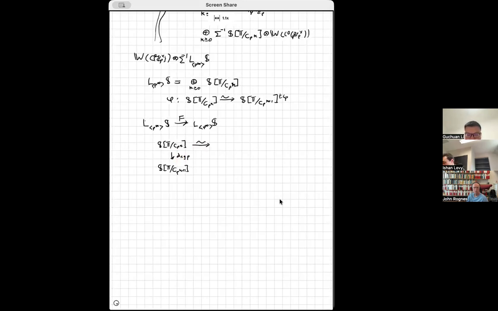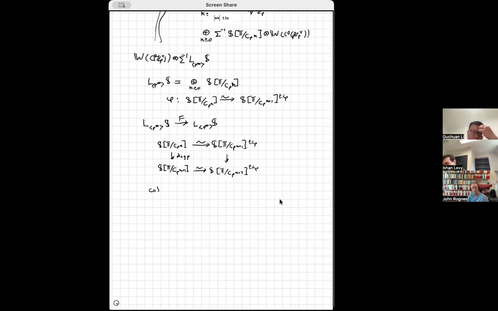And that's compatible with the Frobenius. So we had this Frobenius map, which took this to the next summand. And yeah, so this diagram commutes. Okay, so this is some endomorphism of the cyclotomic spectrum.